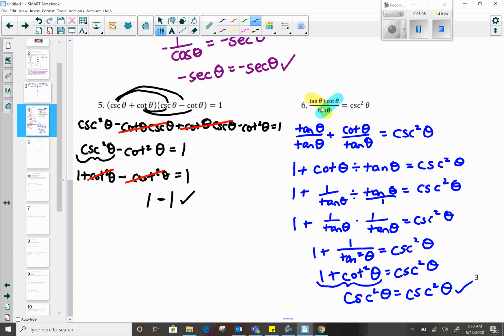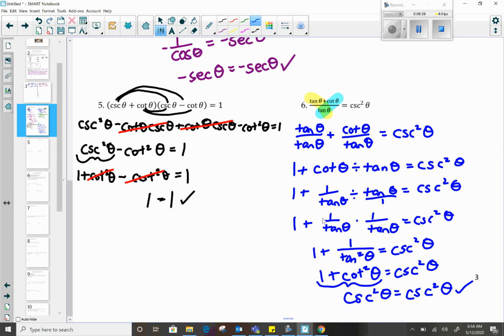Okay, that one was a bit of a longer one. The fractions usually are. But just to recap, since there's only one term on the denominator, we divided each term on the numerator by that. Tan divided by tan becomes 1. I changed this into a division problem. This step, I changed cotangent into 1 over tangent.